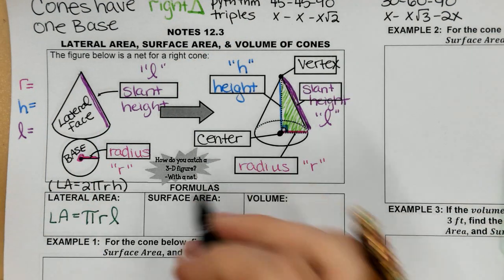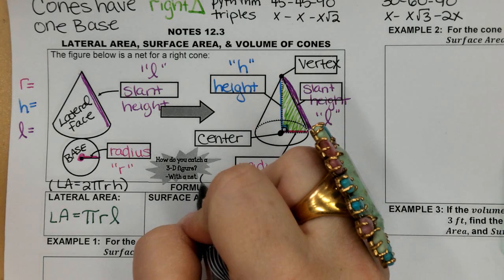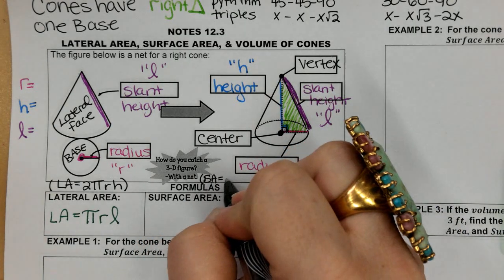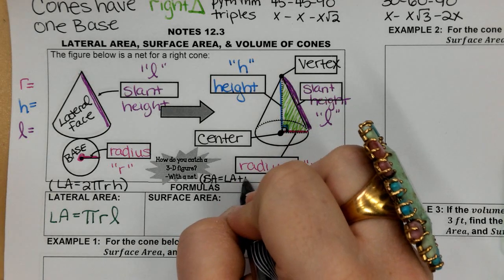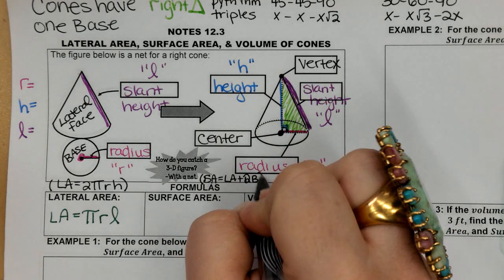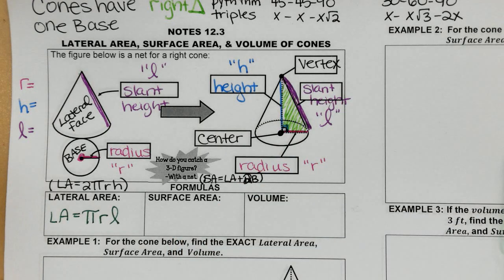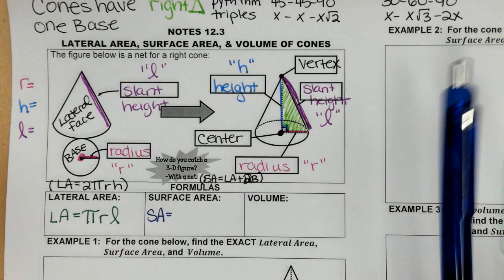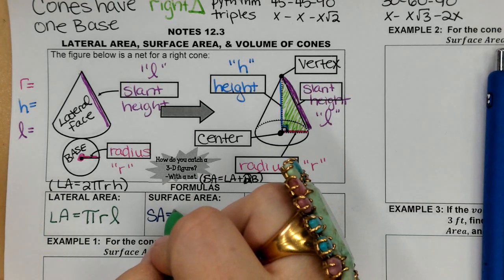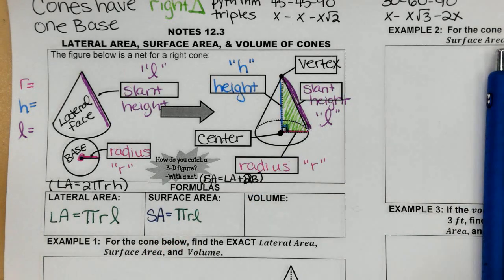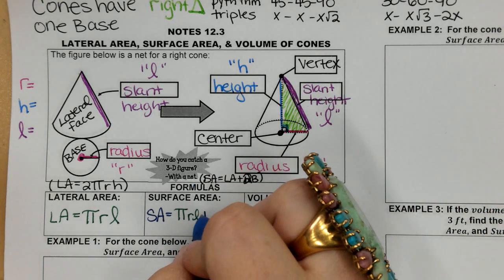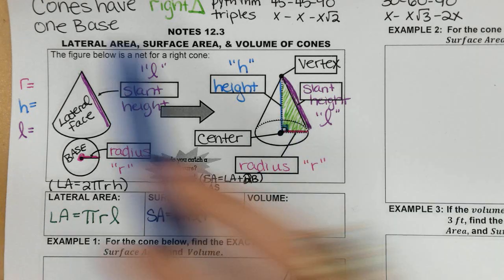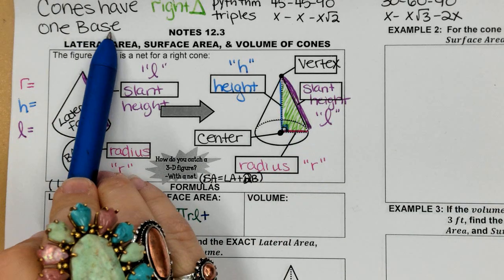Then we have our surface area formula. Before, the surface area formula was LA plus 2B. And so for our surface area, the lateral area, I can use that pi RL. Now before, the cylinder had 2 bases, but now we only have 1 base.